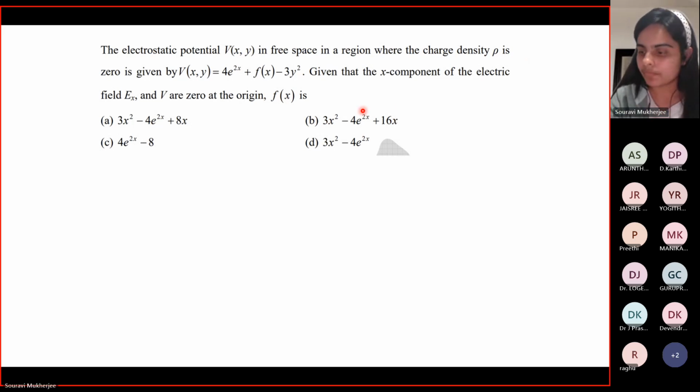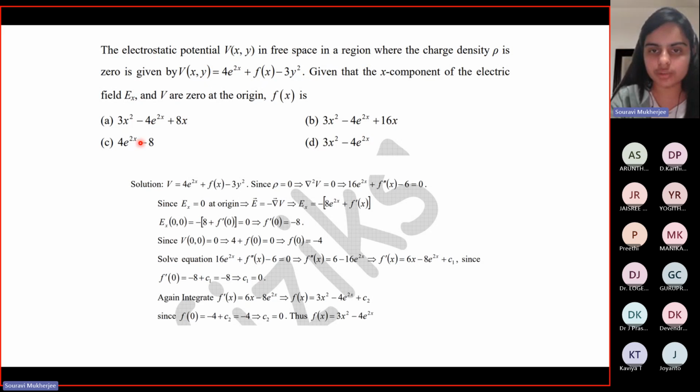Now, your V(x,y) is given, so you can write an expression for del square V, and this is what it looks like.